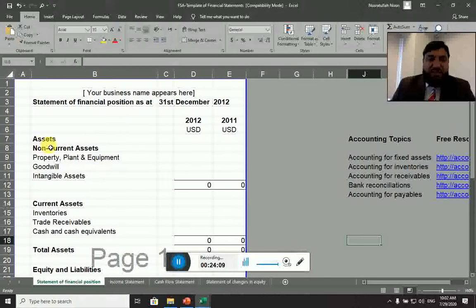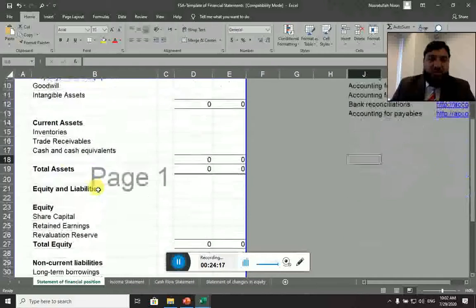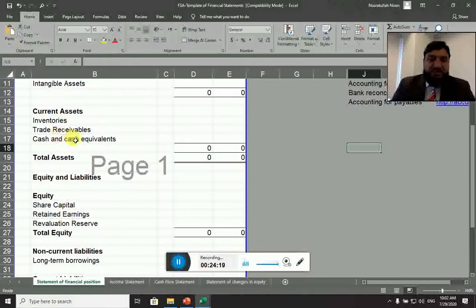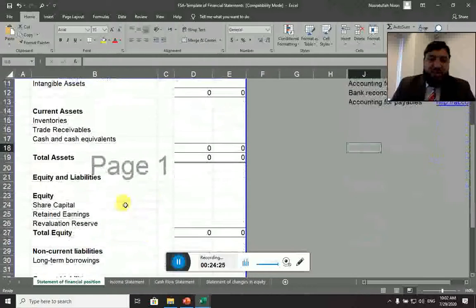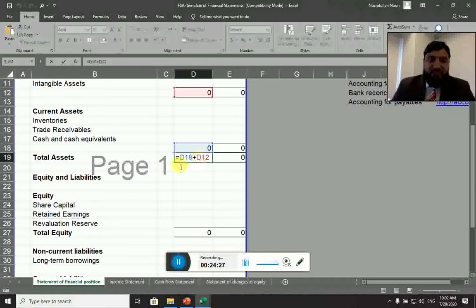First we have non-current assets, and then we have current assets. So in international format, first they report non-current assets, then they report current assets, then total assets are found here by adding both of them.